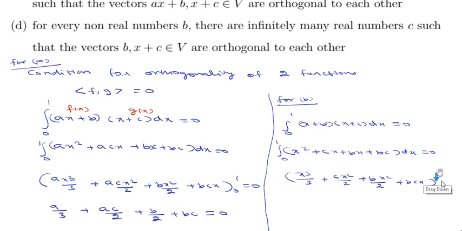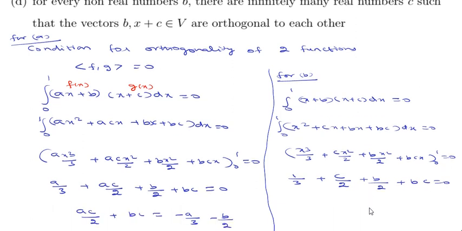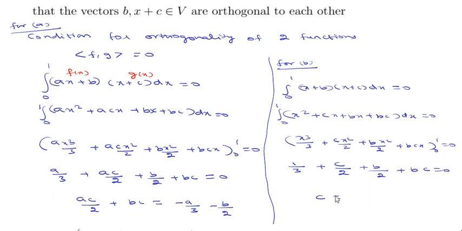So the limit is 0 to 1 equal to 0. So you will get 1 by 3 plus c by 2 plus b by 2 plus bc equal to 0. So from this we will find c.